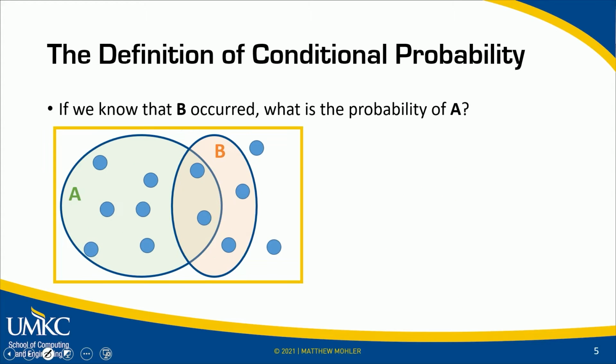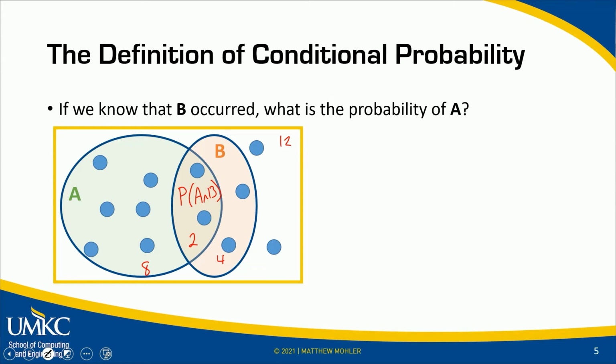But if we look at this in a slightly different way, let's go back to that second question. We say that B occurred. What is the probability of A? Well, again, here in the middle, we have the probability of A intersected with B. In this area, we have 2 total events. In B, we have 4. And in A, we have 8. There are 12 total events.